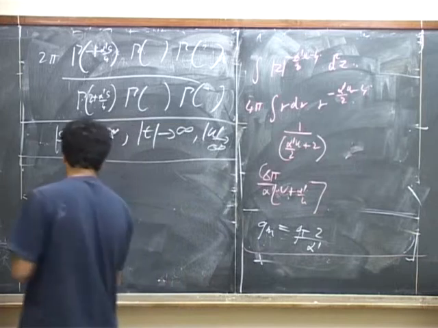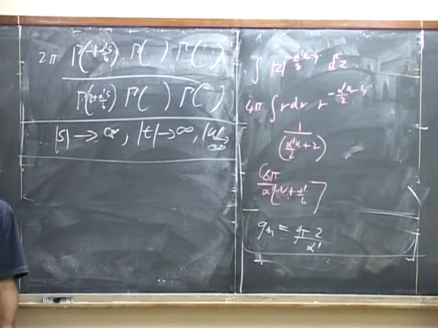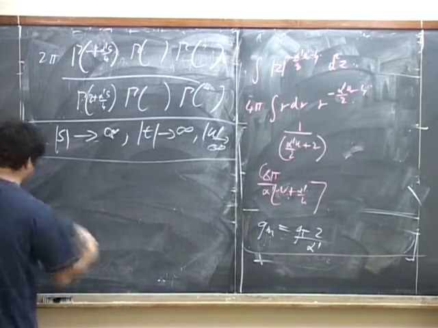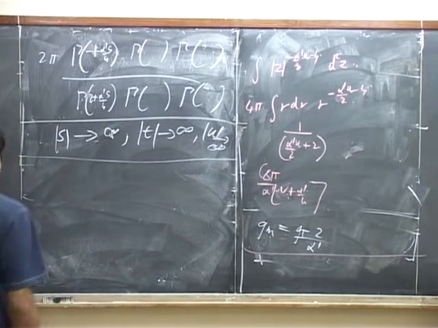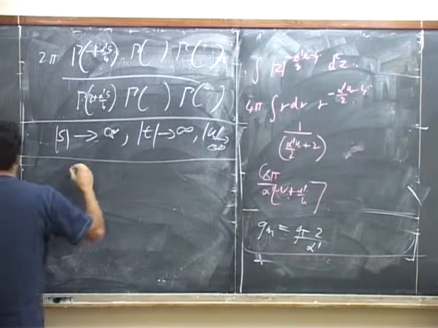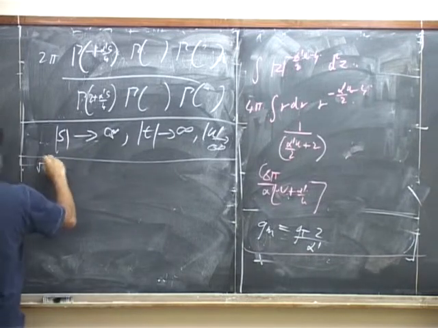Suppose we work in the center of mass frame, and we have two particles colliding with each other in the x direction. So we have particles whose energies come in.